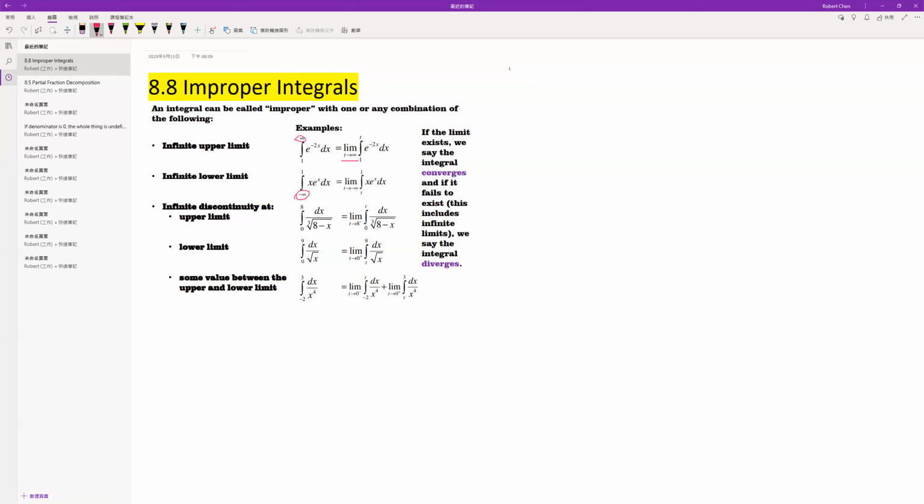Now, another one is when you have a discontinuity, right? For example, in this case, we take the upper limit, which is 8, but 8 is actually discontinuous for the expression that's inside the integral. So in that case, we have to introduce another variable t, and then take t approaching a from the left-hand side.